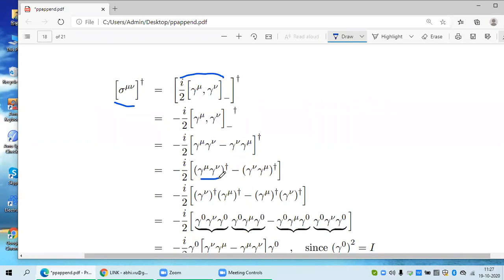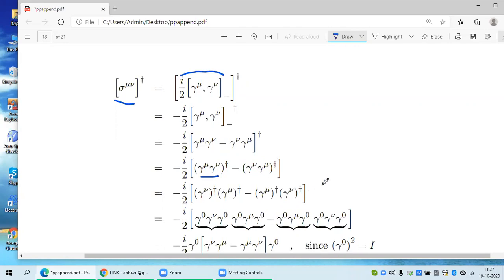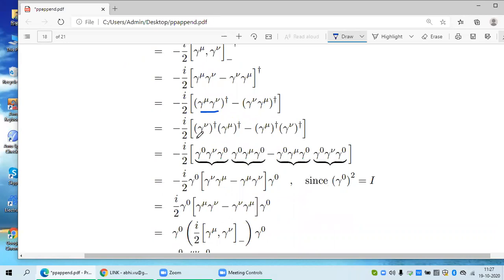Now when in a product I want to take the dagger, they will interchange positions. So it will be gamma nu dagger gamma mu dagger. Now I know what gamma nu dagger is, I used this in the earlier class. Gamma nu dagger is gamma 0 gamma nu gamma 0. Gamma mu dagger is gamma 0 gamma mu gamma 0.